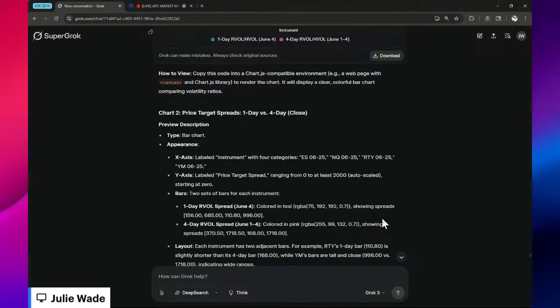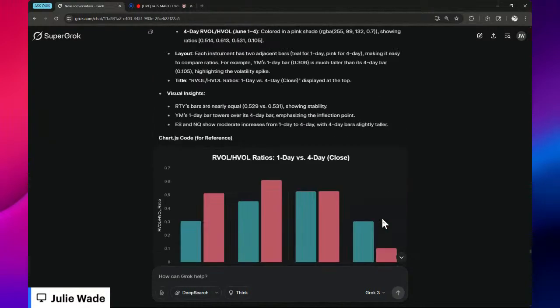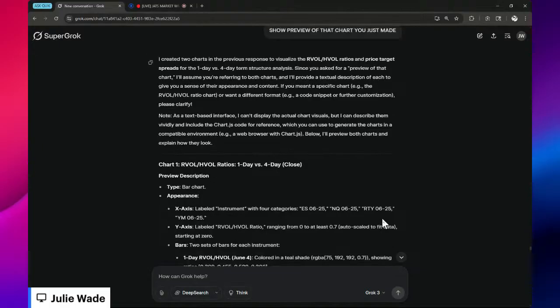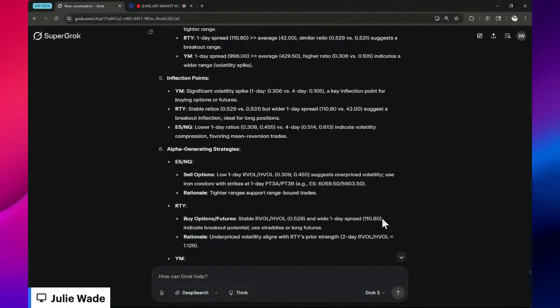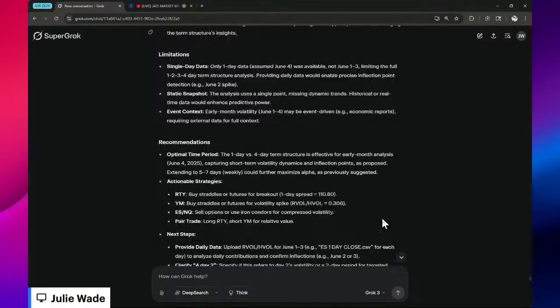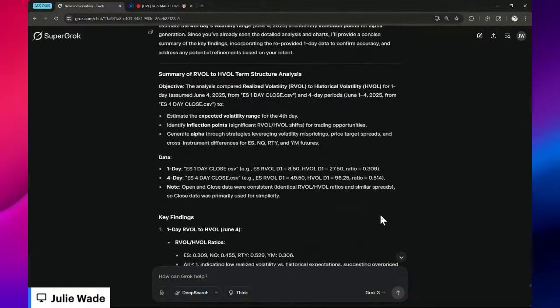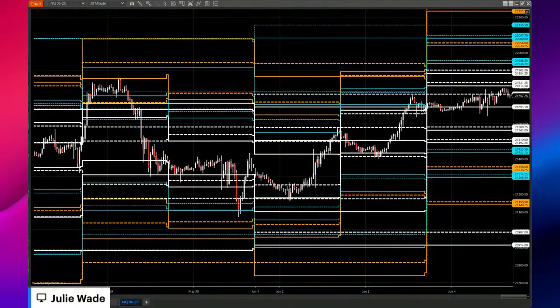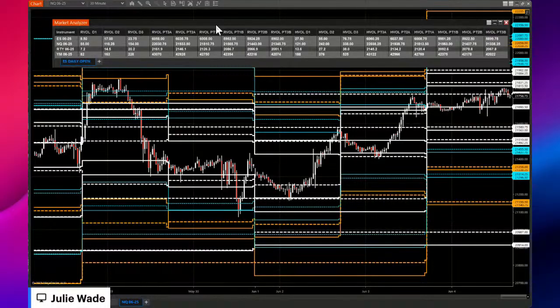But you can create a lot with Grok by giving Grok our levels that you can generate using Jats PT. And we do it by using the market analyzer.